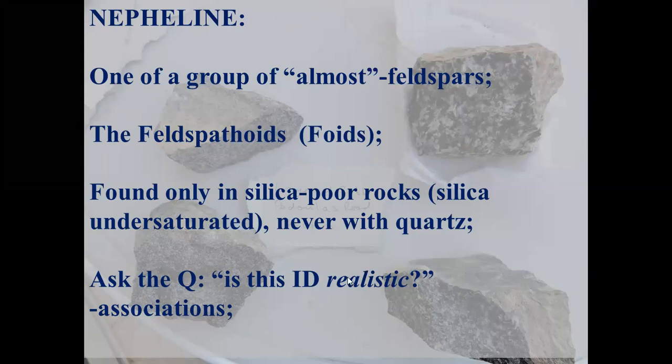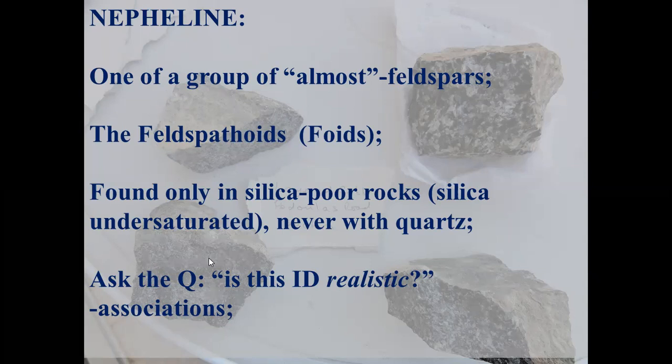Now, because it occurs in silica poor rocks, you will never find, well, now that's a dangerous word, isn't it? You're 99.99% sure that you'll never see quartz with your nepheline. Because if you had quartz there as well, you wouldn't have nepheline because you'd have made a feldspar out of it. Only under some very rare, tiny proportion where you get some late stage quartz crystallizing as the melt is finally cooling and without chance for the quartz to react with the rest of the melt.